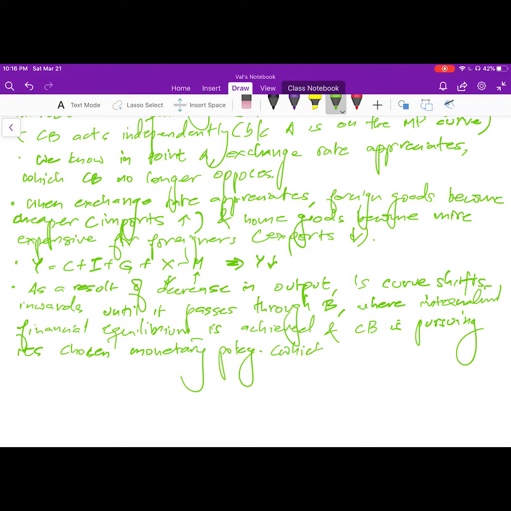Which is to lower interest rate to IRP level of I star plus depreciation.